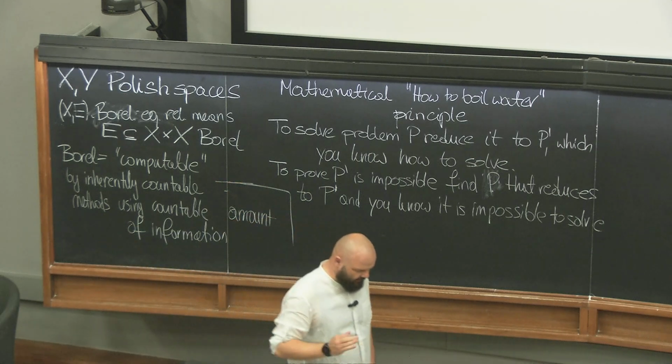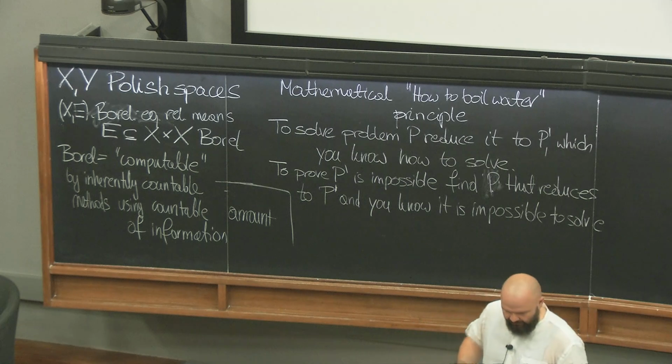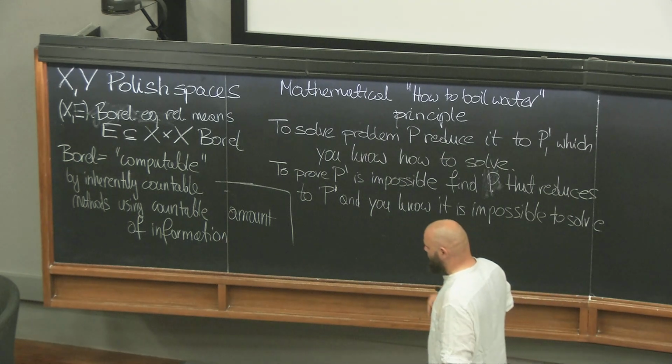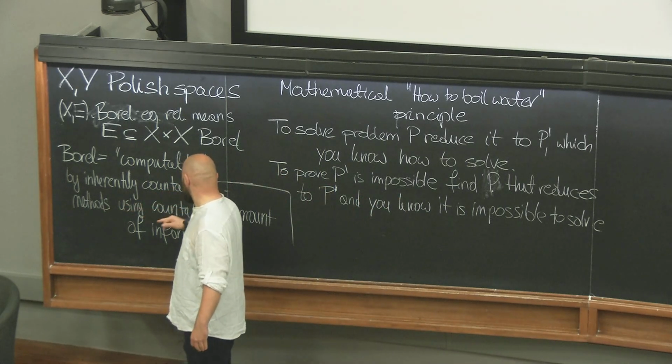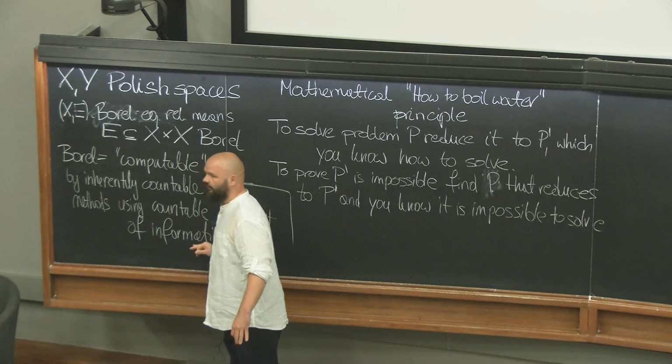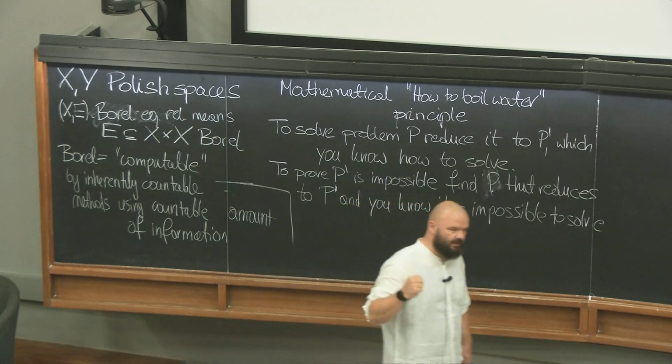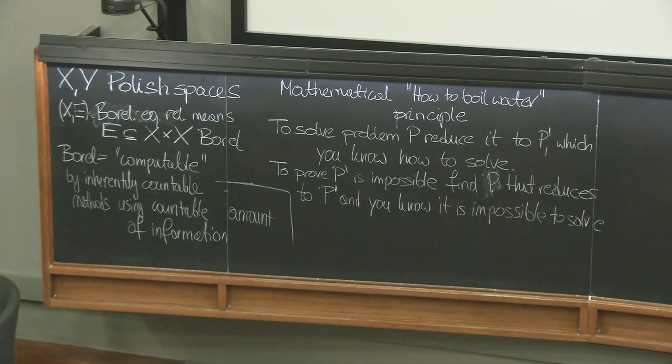to cut the very long story short, Borel to mean something computable by inherently countable methods, using a countable amount of information. So Borelness is a good enough notion of computability for us.